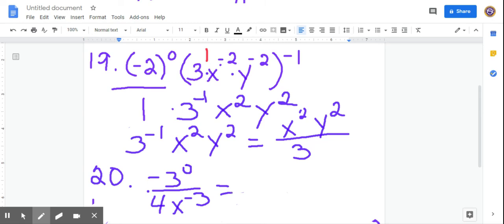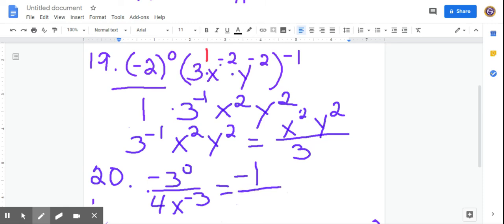That is read as the opposite of 3 to the 0 power. If it was in parentheses with the 3, then the answer in the numerator would have been positive 1. But this is read the opposite of 3 to the 0 power. So the opposite of 1 becomes negative 1.